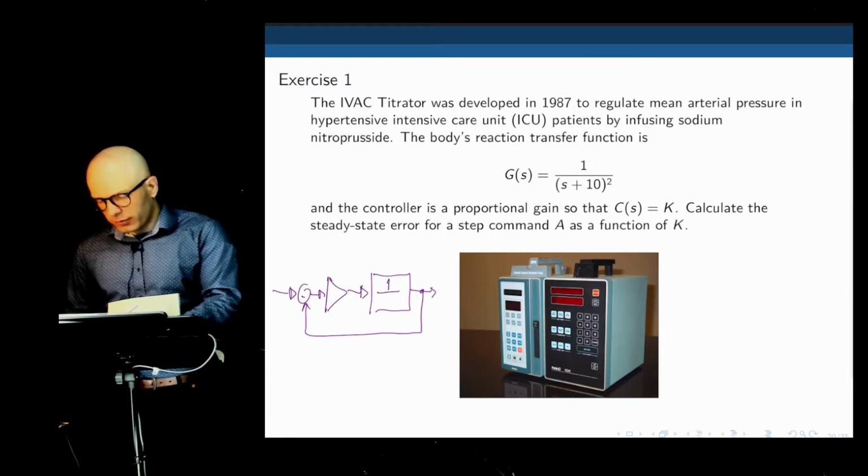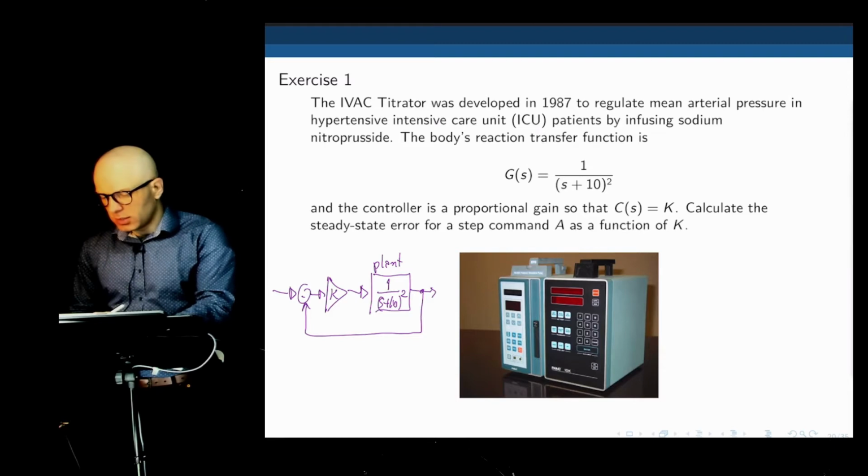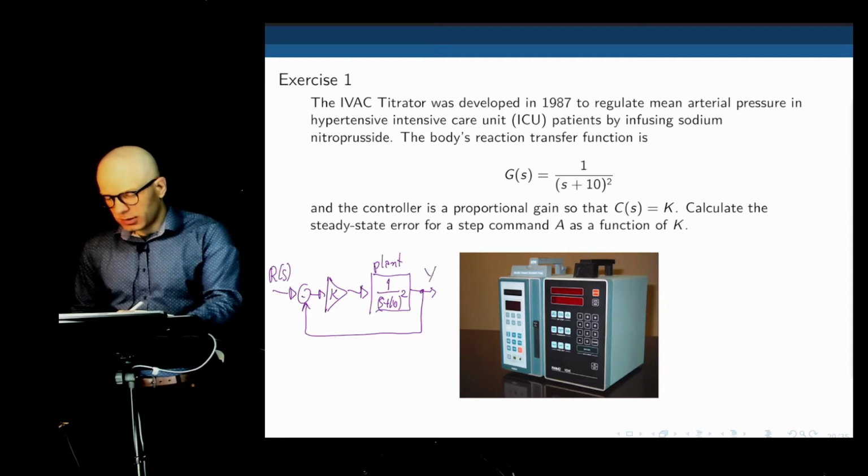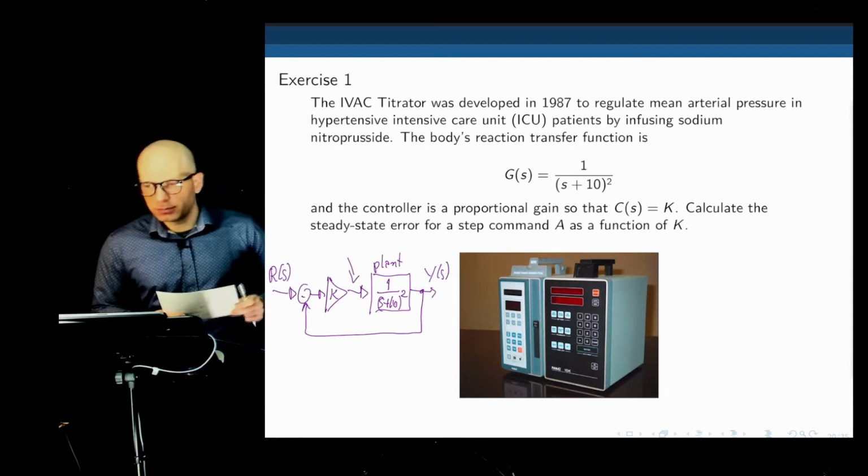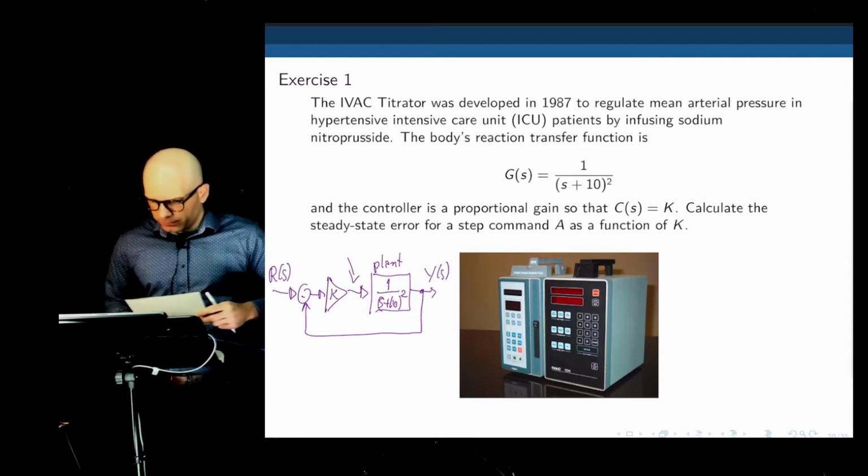We have 1 over (s plus 10) squared. This is the plant, this is the body. And we have the controller K that now takes the error between the desired input r and the current output y, multiplies that by a certain value, and we give that to the plant as the control command.